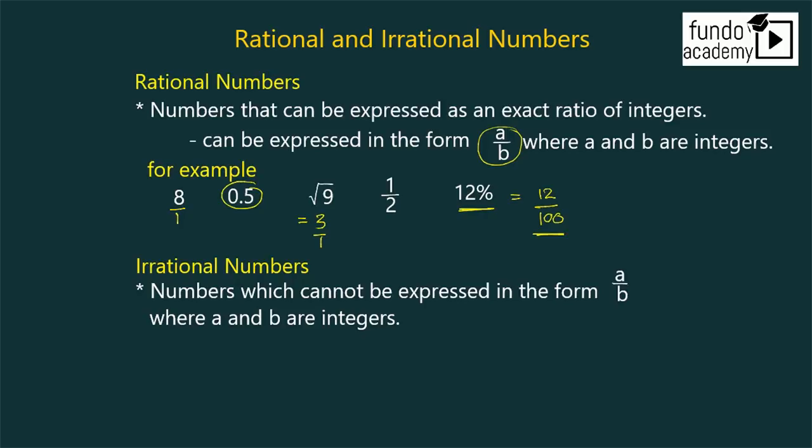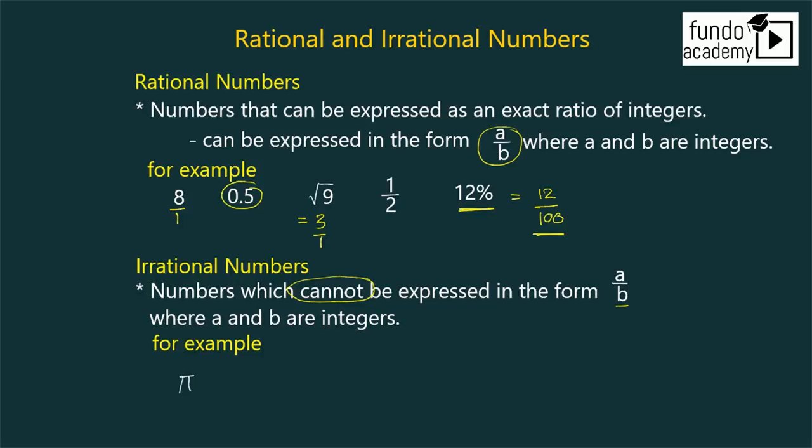That's the key thing here: they cannot be expressed in the form a over b, where a and b are integers.